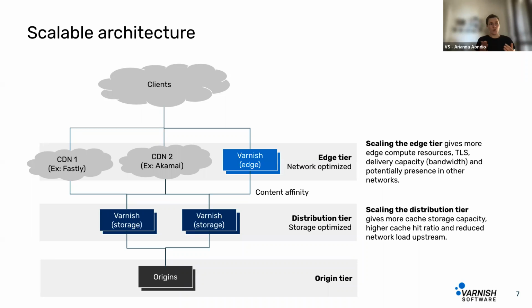On top of it, we want to give clients the content they are requesting. So we have to scale the bandwidth according to the traffic needs. And when it comes to scaling the edge tier, if we discuss it, it sounds straightforward.